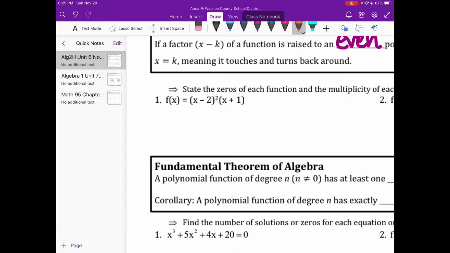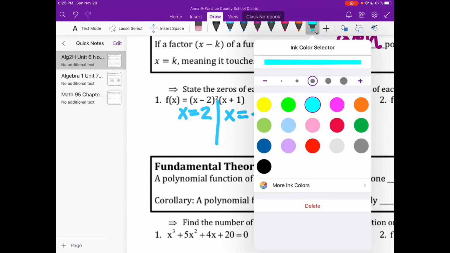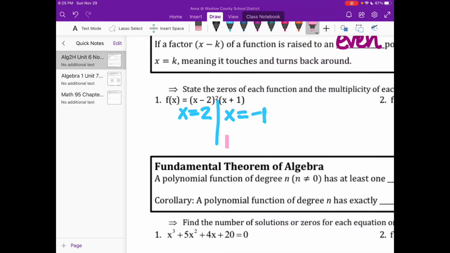So the zeros, right? Everywhere there's an x is a 0. So there's 2 zeros. Okay. Right here I have a 0 at x equals 2. And then I have a 0 here at x equals -1. Now that -2 is being raised to a power, right? Look right here. I have a squared. So that means I have a multiplicity of 2. So that's my new part.